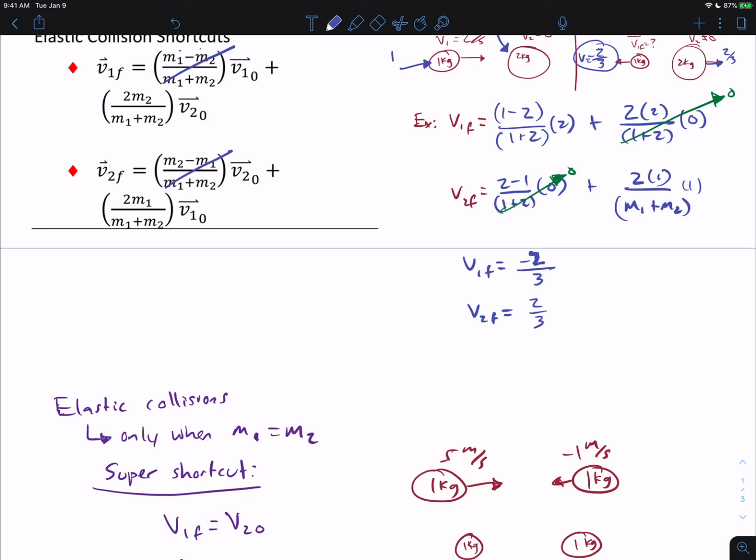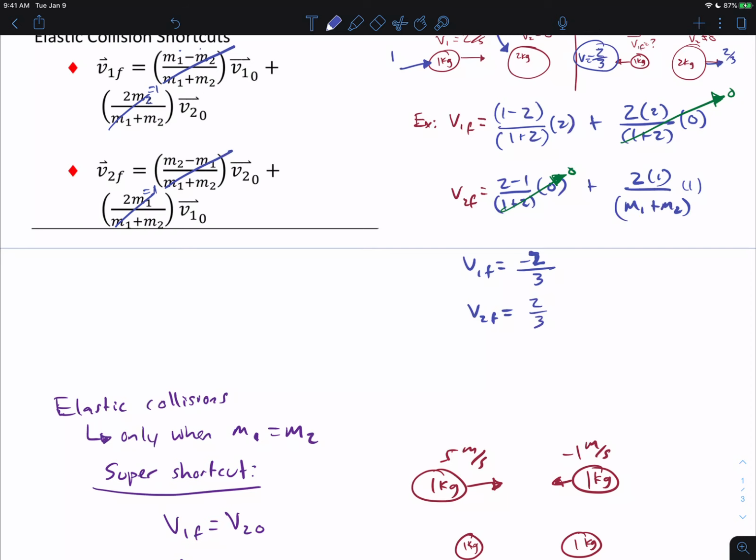And right here, 2 times M2 is going to be the same as the denominator because M1 and M2 are the same. So 2 times M2 over 2 times M2, we're going to do this twice right here. So this part is going to be equal to 1, and this is going to be equal to 1.